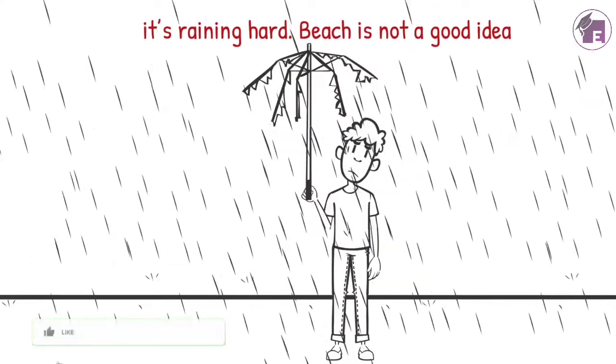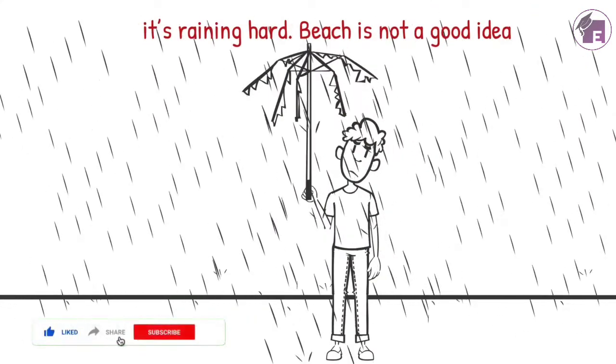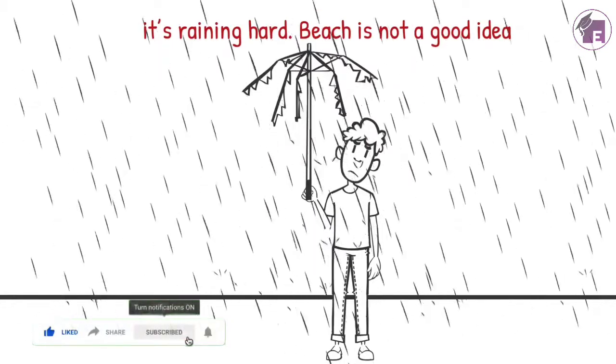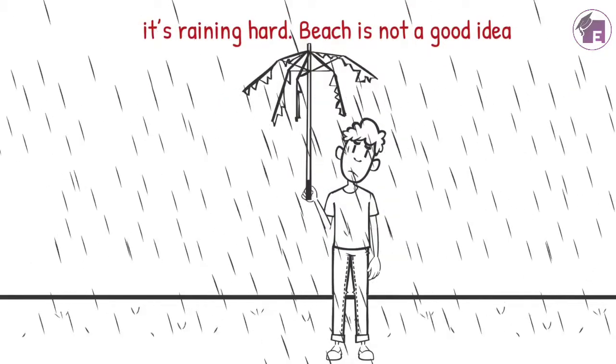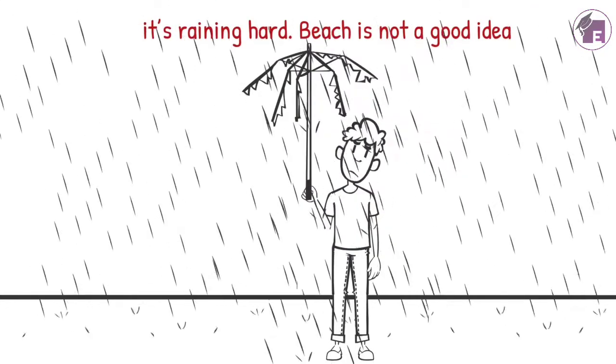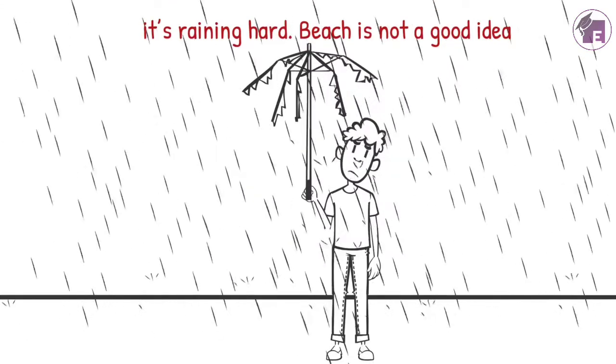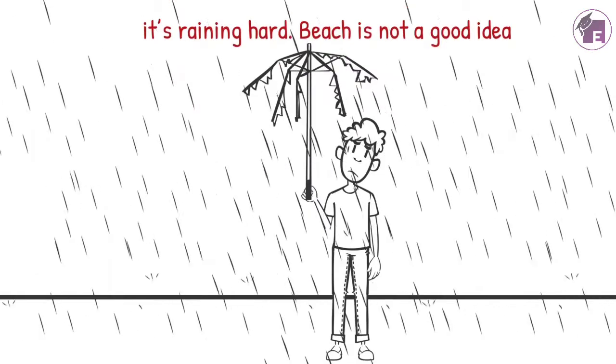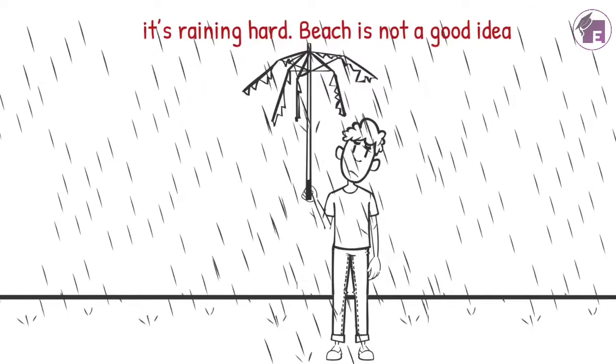Beach is not a good idea. In the sentence, it's raining hard, we don't talk about anything or anyone in particular. Our focus is the weather. And in the second sentence, beach is not a good idea, we have a particular subject, beach.